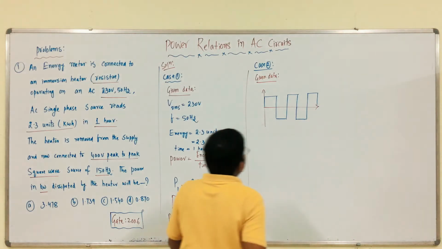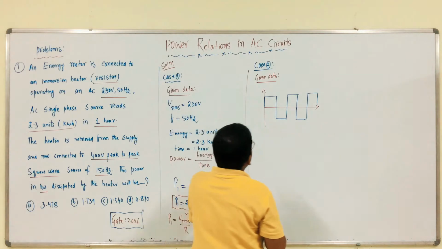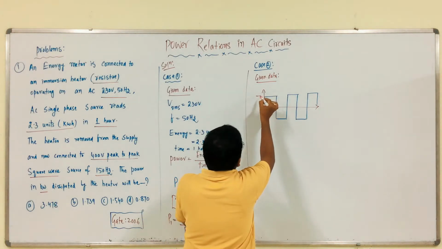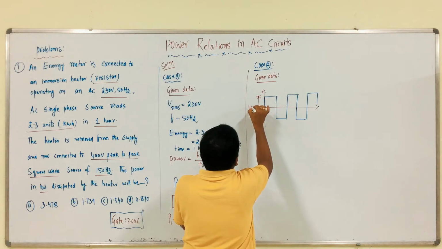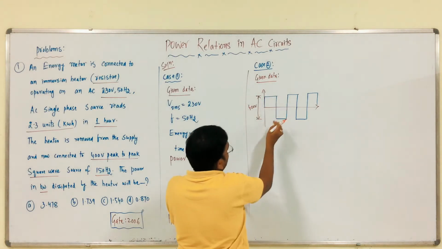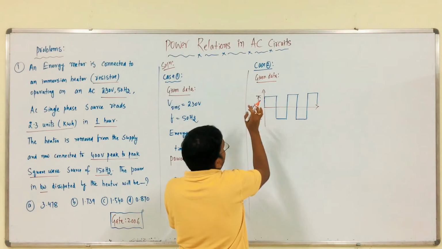This is the waveform for a square wave, right? Peak to peak means what? From here to here, that is the meaning of peak to peak. This is the peak value, this is the peak value. So, peak to peak is 400.